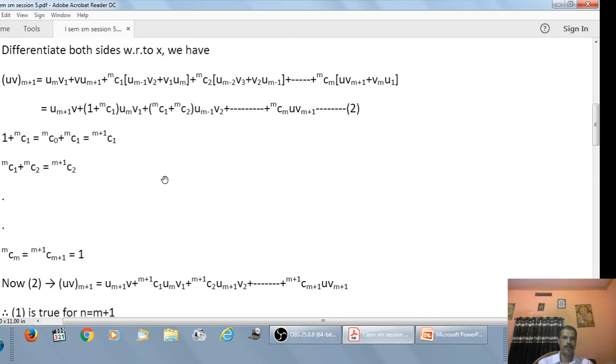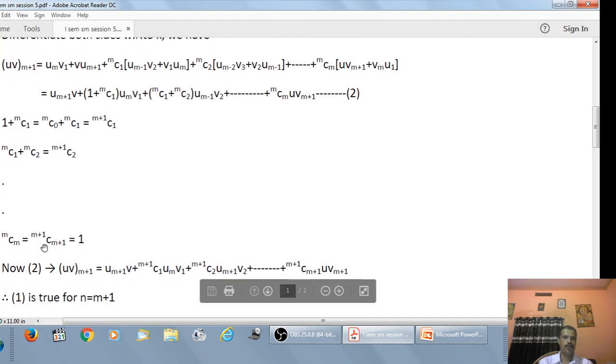And lastly, mCm: here superscript and subscript are same, so the value will be 1. Similarly, m plus 1 C m plus 1: here also the superscript and subscript are same, and therefore the value is 1. Both are equal because these two amount to 1. Now, in equation 2, put these values.